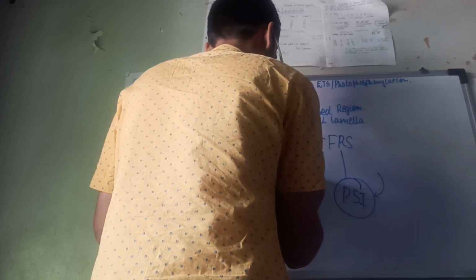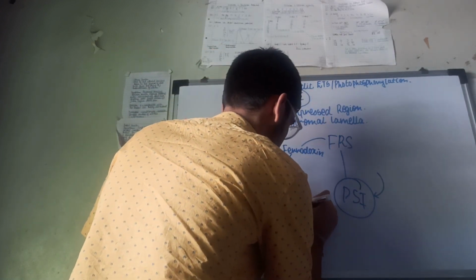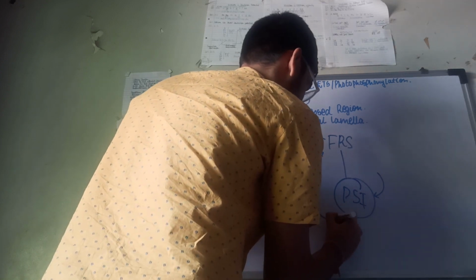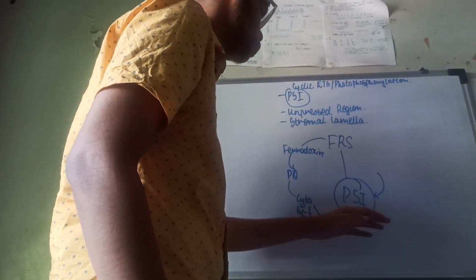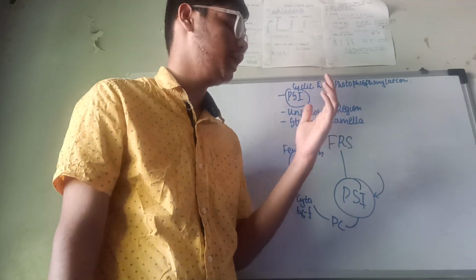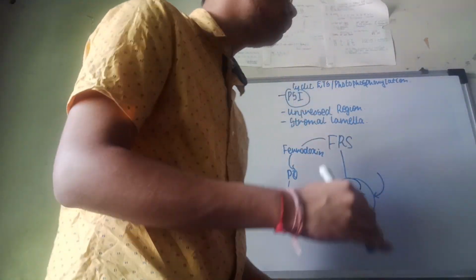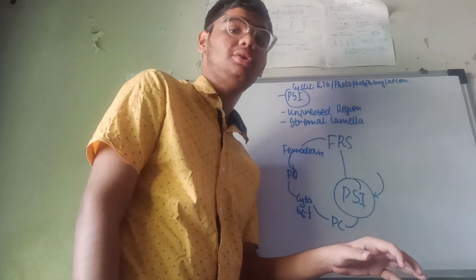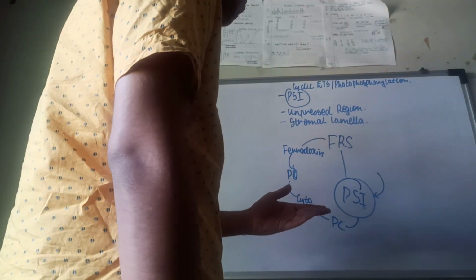Ferredoxin gives it to plastoquinone. Plastoquinone gives it to cytochrome B6F. Then it gives to plastocyanin. And plastocyanin returns the electrons to the PS1. In non-cyclic photophosphorylation, we saw that the water splitting complex is required to restore electrons, but here no external electron supply is required.